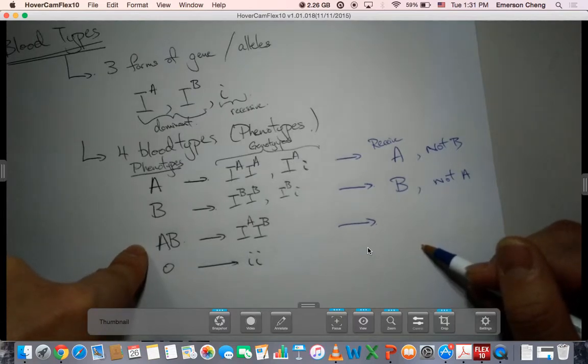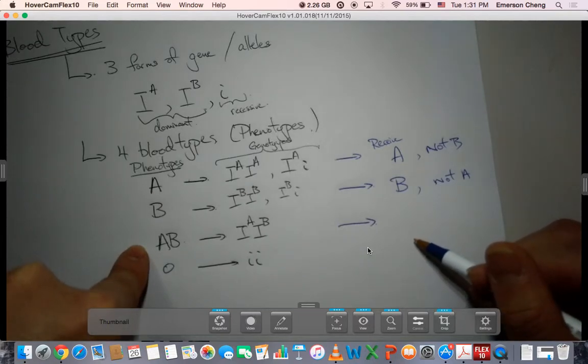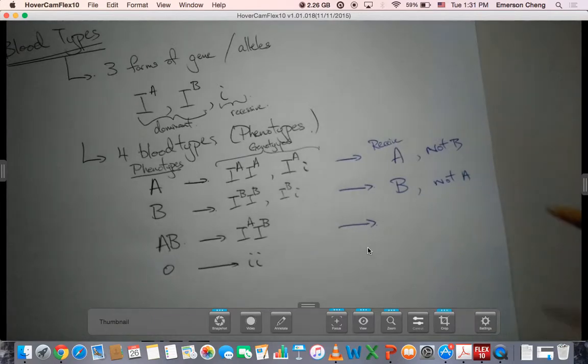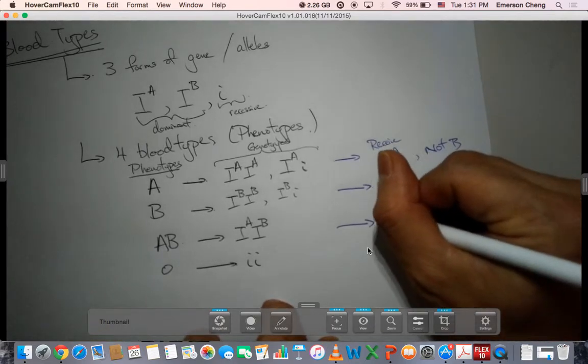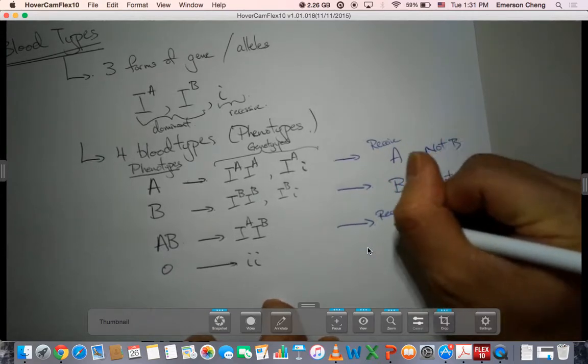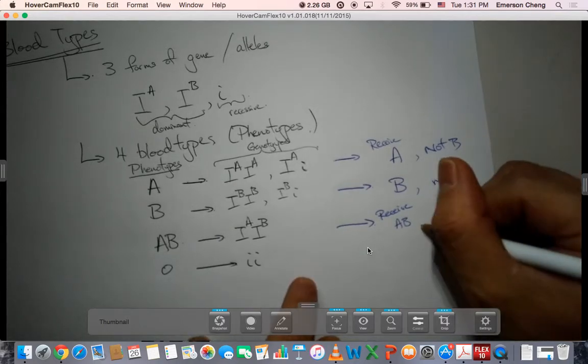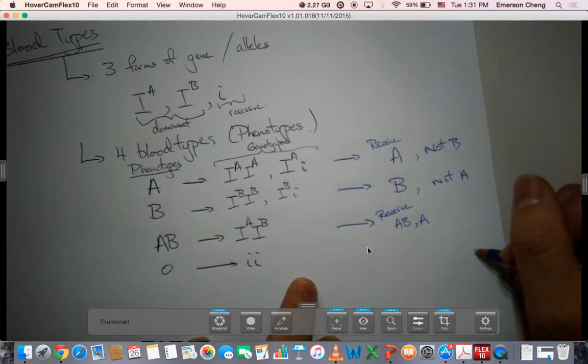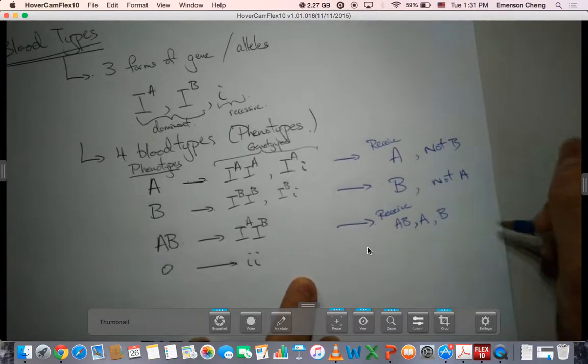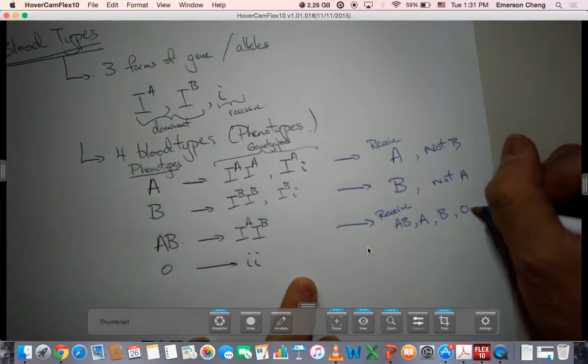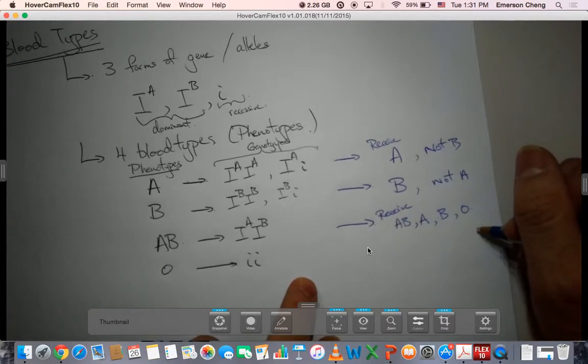If you are type AB blood, what it means is that your body actually has both antigens already. Your body is used to both antigens. So type AB people can receive blood from other AB people, from type A people, type B people, and also type O people, because type O people don't make any antigens.